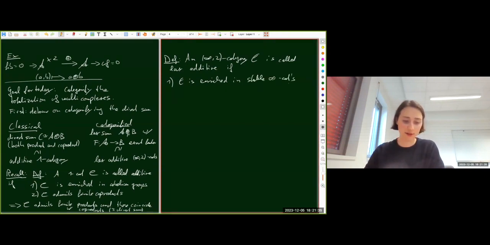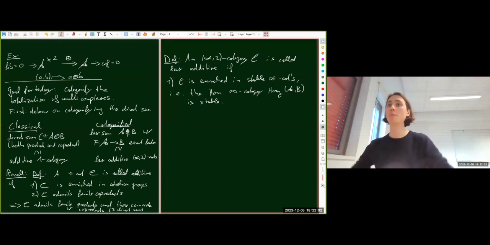So this means if you have the Hom infinity category in C between two objects A and B, this is stable. If you have an infinity 2-category, it will always have a Hom infinity category, but that this is stable is the property, or the condition.